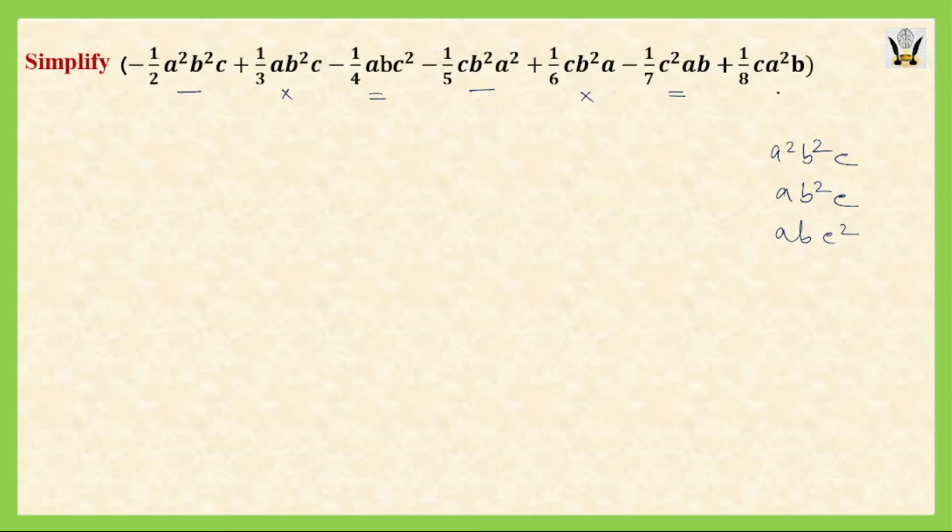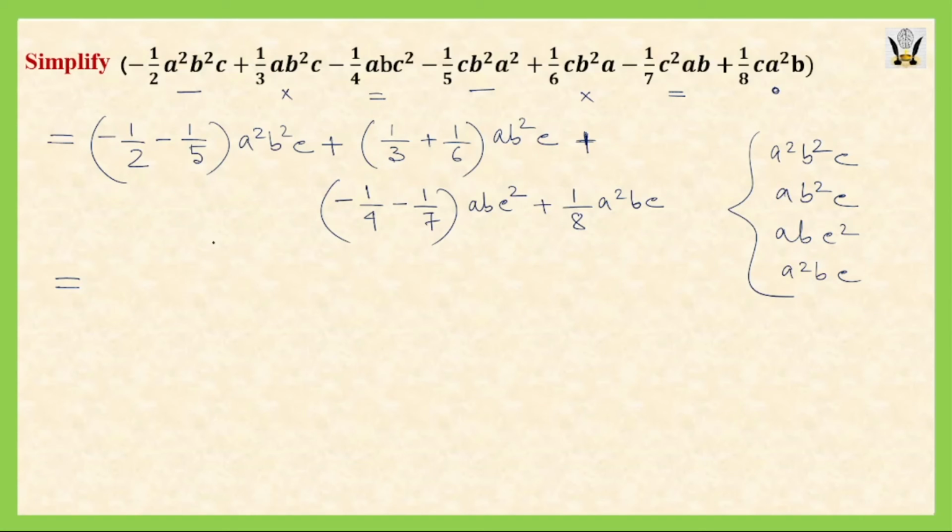And then the last term is a square bc. So this is the fourth format of the terms in this expression, a square bc. So in total we have 4, and accordingly we will combine their coefficients.